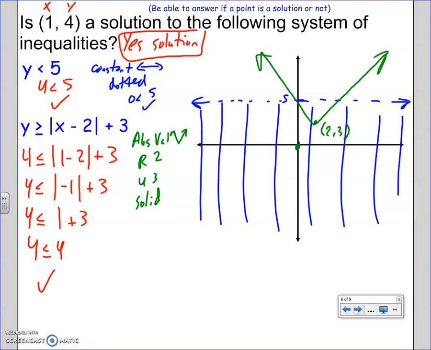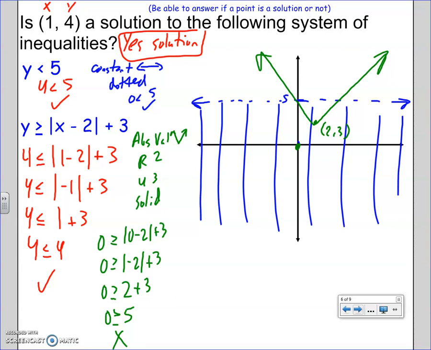I can pick test point 0, 0. I'll plug it in. 0 equal to the absolute value of 0 minus 2, plus 3. Inside is negative 2. Comes out positive 2, plus 3. That 0 is 5. That's false. So instead of shading the 0, 0 side, I'll shade inside this. I'll do it like this.